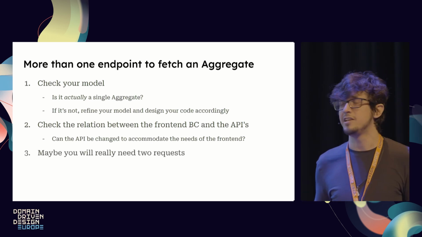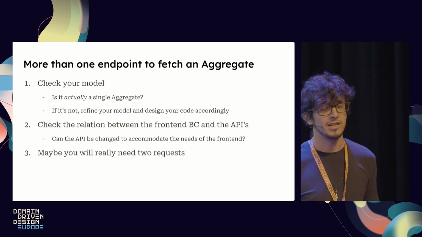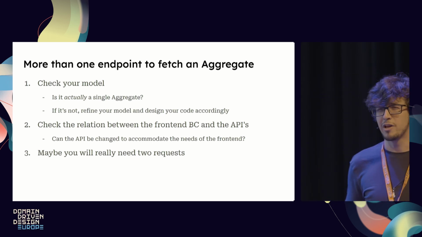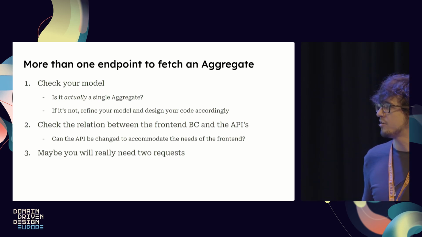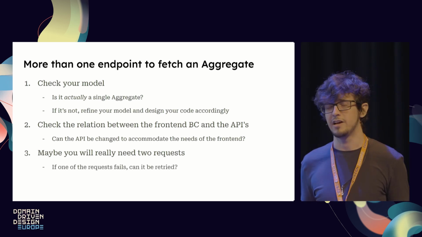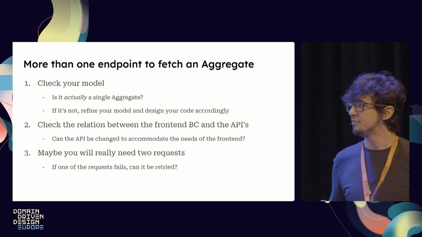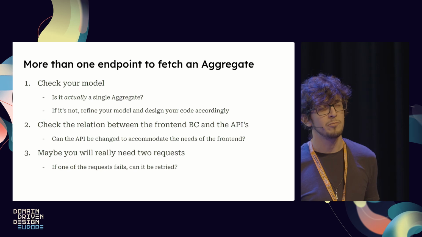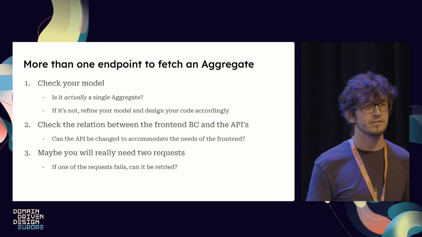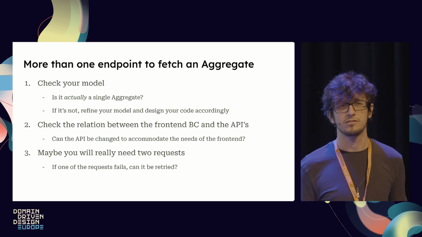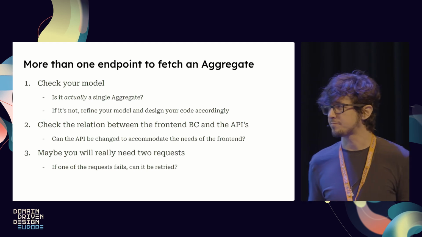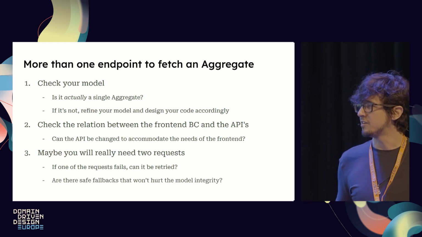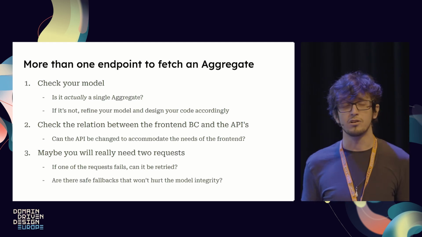But maybe you really need two or more requests. If that is the case, it's going to get a bit trickier, but the first question to ask yourself is, if one of the requests fails, can it be retried? Is it safe for me to retry one of those requests, without risking an inconsistent state at that point? The other question is, are there some safe fallbacks that won't hurt the model integrity?